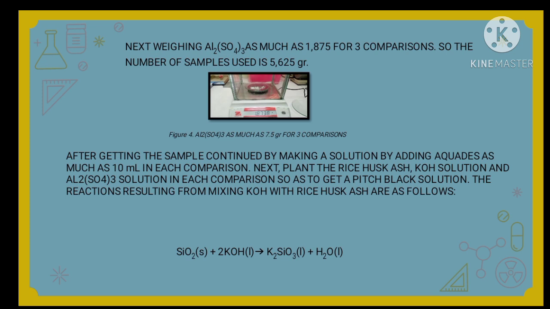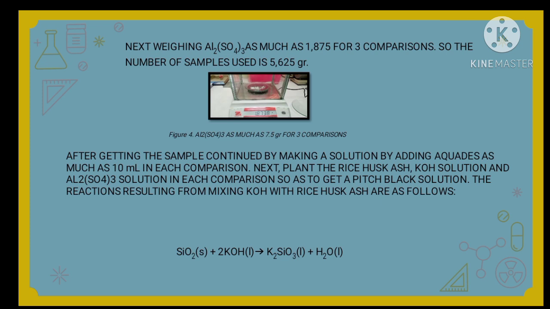Okay, next, after getting the sample, continue by making a solution by adding aqueous as much as 10 ml in each composition. Next, mix the RHA, KOH solution and Al2SO4 solution in each composition so as to get a pitch black solution.